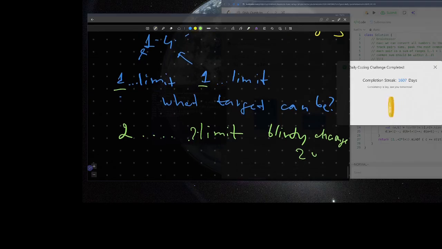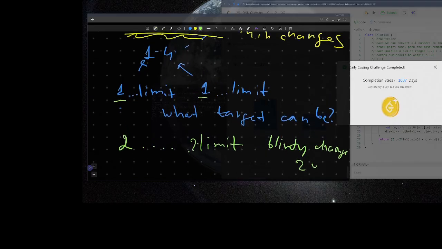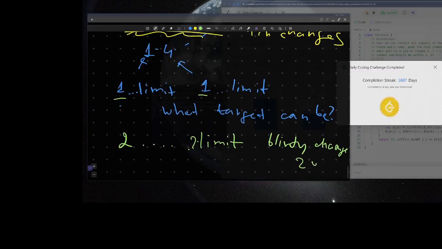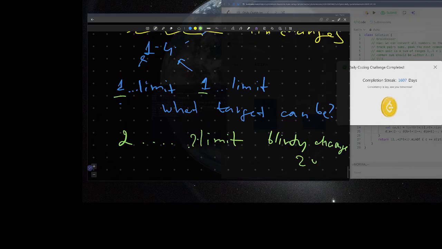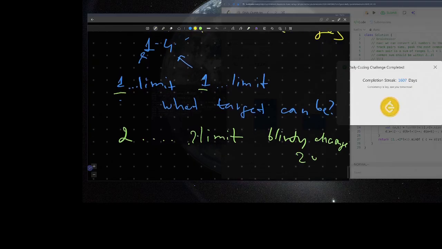Now, what if we just change one of them? What is the range we can make from the lowest to the highest? So imagine we have A is the smallest value, B is the biggest from this pair.